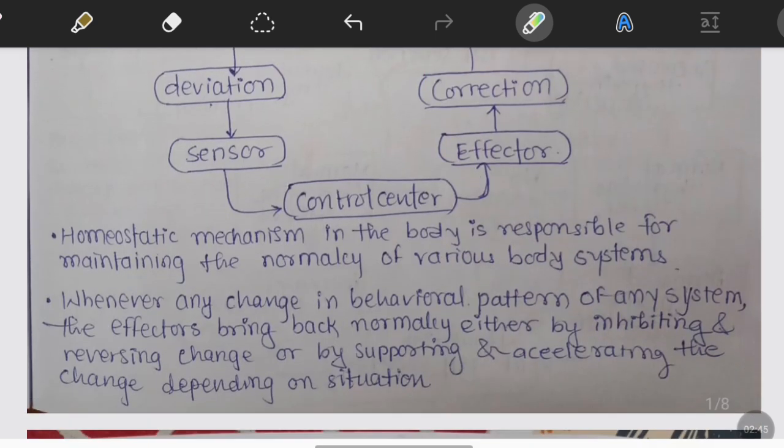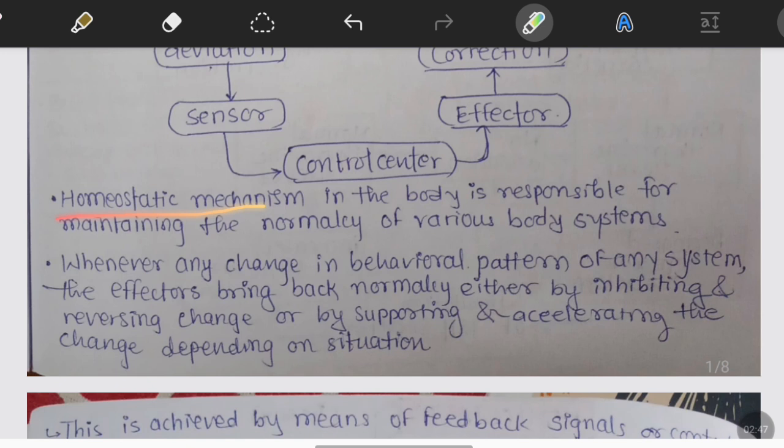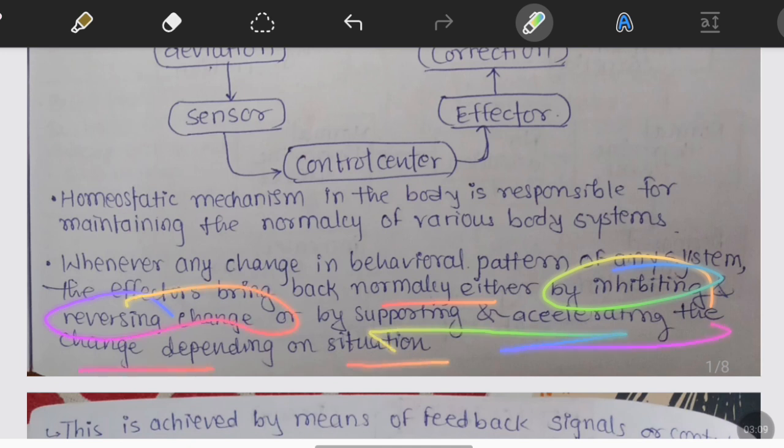finalized. The homeostatic mechanism in the body is responsible for maintaining normalcy of the various body systems, CVS, digestion or respiration, etc. Whenever there is any change in the behavior pattern of any system, the effectors bring back normalcy either by inhibiting and reversing the change or by supporting and accelerating the change, depending on the situation.